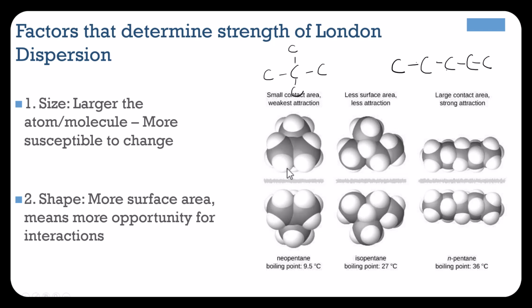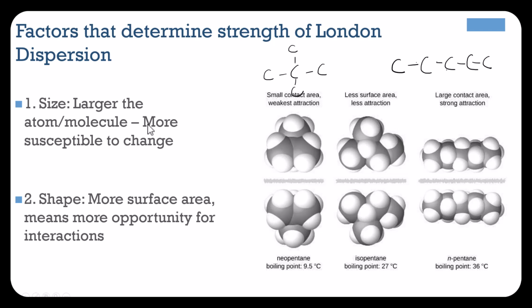So these 2 molecules do not have as much surface that comes into contact with one another. Therefore, the opportunity for that dispersion to take place is much, much smaller than it would be for N-pentane. So the larger the surface area, the more opportunity for interactions, the stronger the dispersion strength is going to be. The smaller the surface area, the less opportunity for interactions, the lower it is going to be.